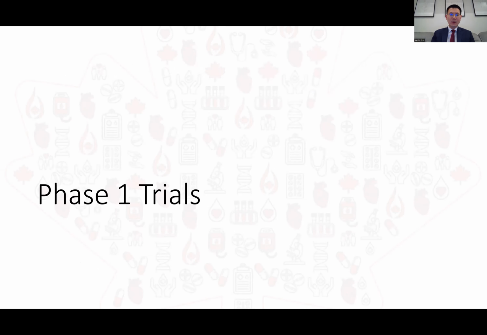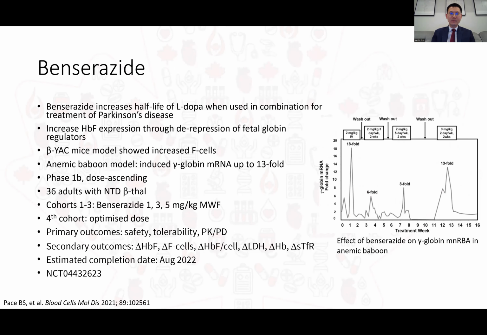Last but not least, we'll now move on to phase 1 trials. Benserazide is a drug that is already approved, but it is used in Parkinson's disease. It is used in combination with L-DOPA, where it increases the half-life of L-DOPA.